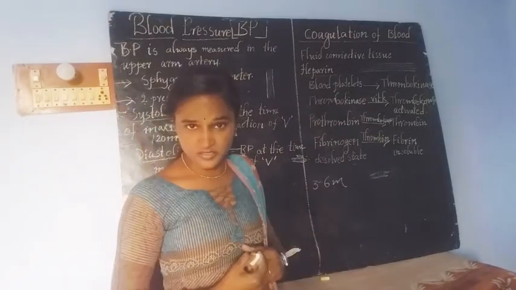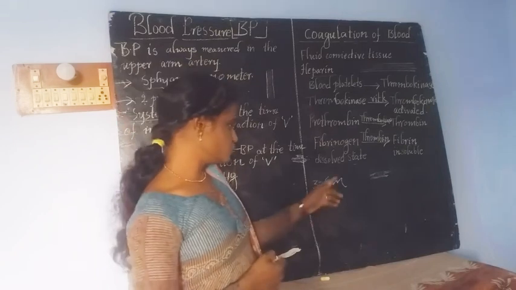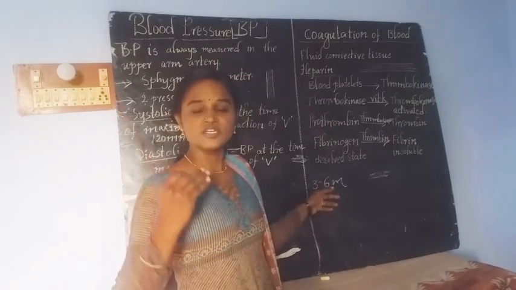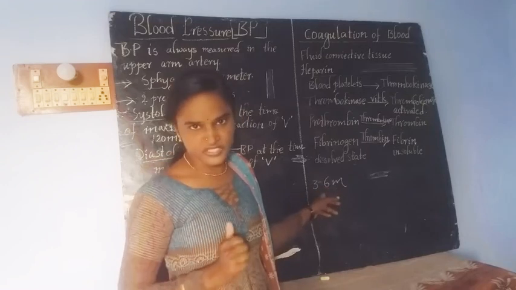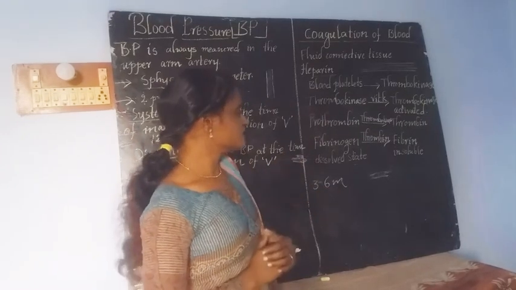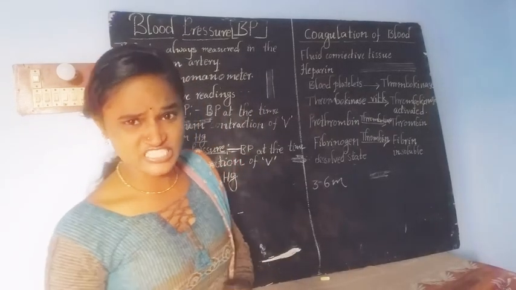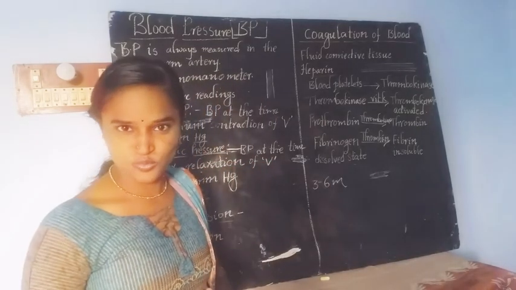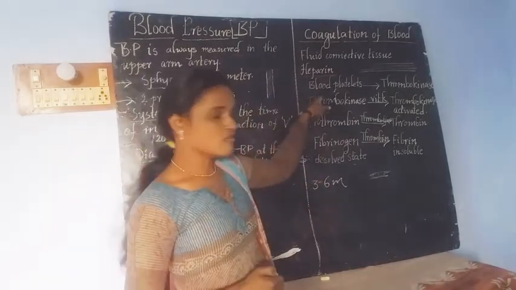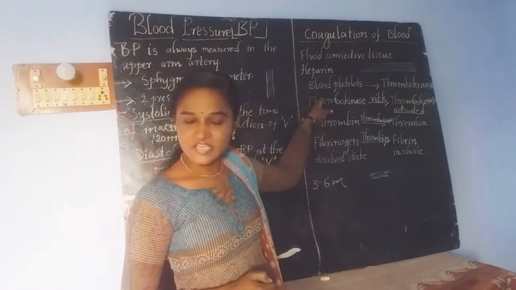Whenever we get an injury on any part of our body, the blood needs to form a clot within 3 to 6 minutes, depending on the size of the injury. Inside our blood we have many useful substances and some waste materials also. Our blood contains a type of cells called blood platelets.